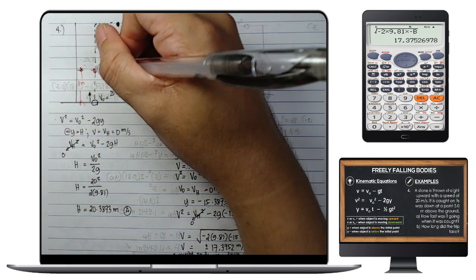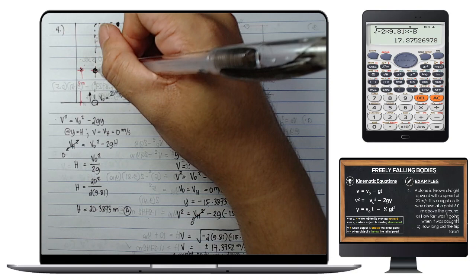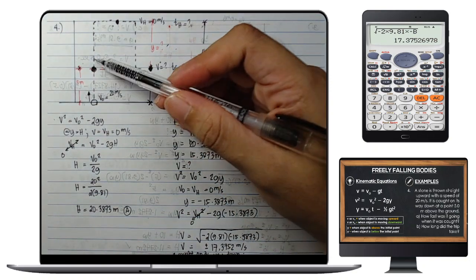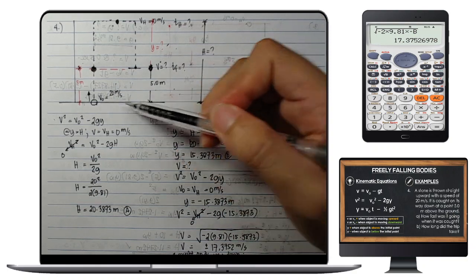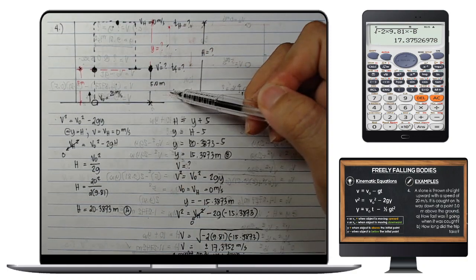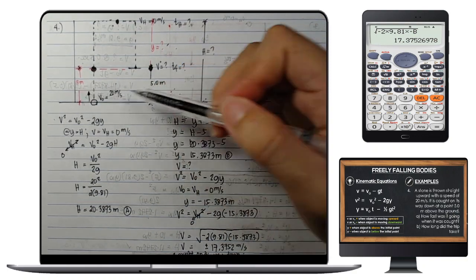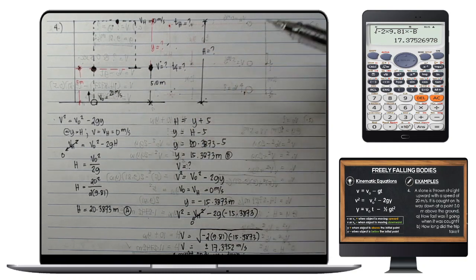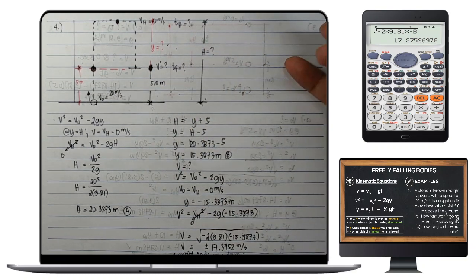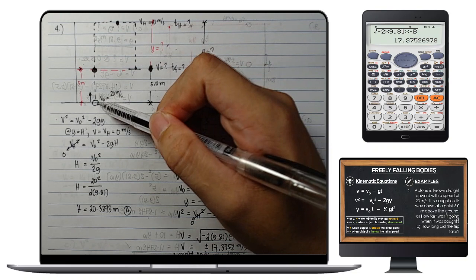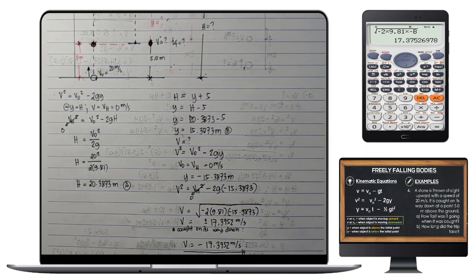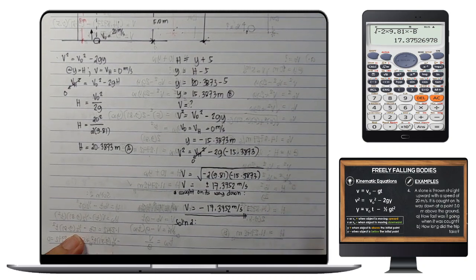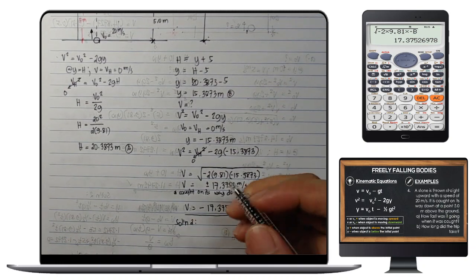We can say that the velocity at this point, on its way up, will be equal sa velocity on its way down. Kasi parehas naman na above 5 meter mark yung ating value. So, let's consider this initial velocity up to the 5 meter mark.